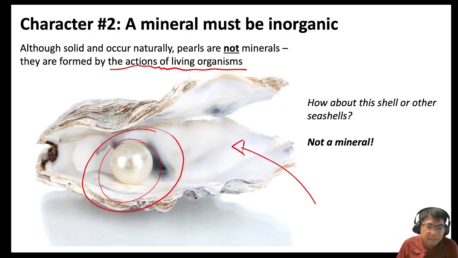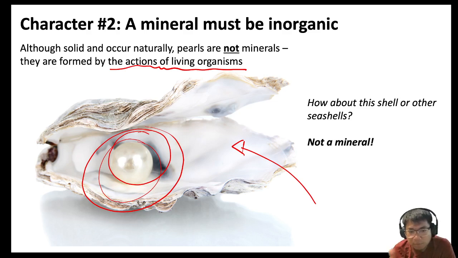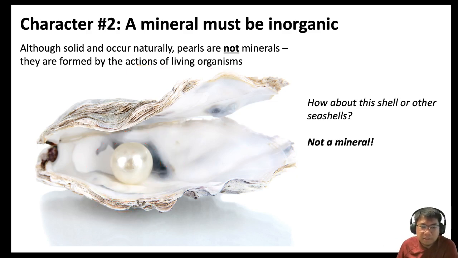It is the one that produces the pearl. So there are traces of organic materials within pearls, and these living organisms contribute to creating them. Therefore, pearls cannot be considered minerals because they are organic material.